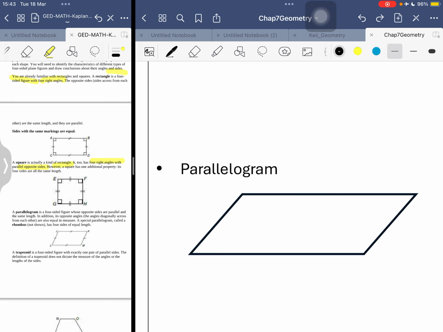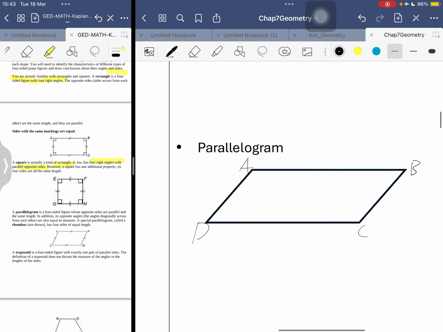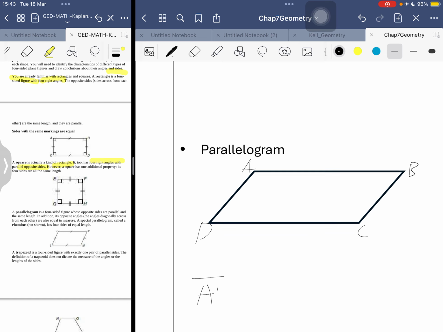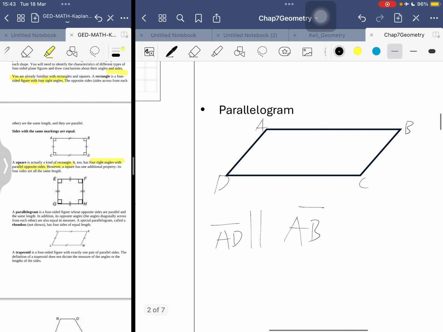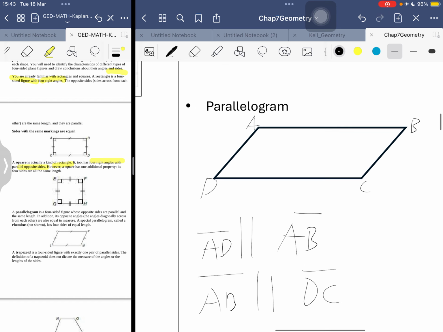Parallel meaning, if we have a parallelogram ABCD, line segment AD is parallel to line segment BC, and line segment AB is parallel to line segment DC.